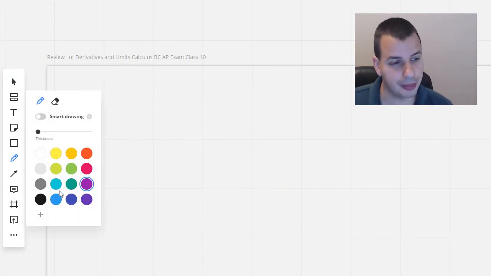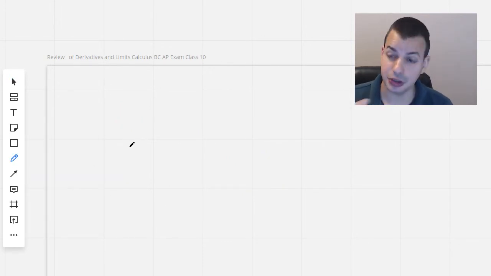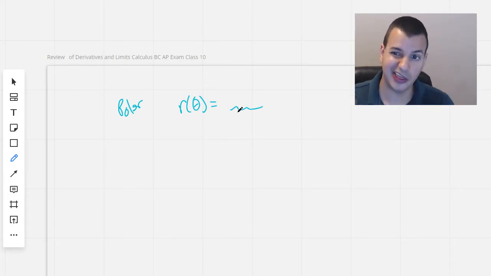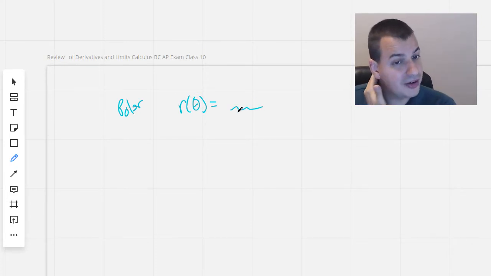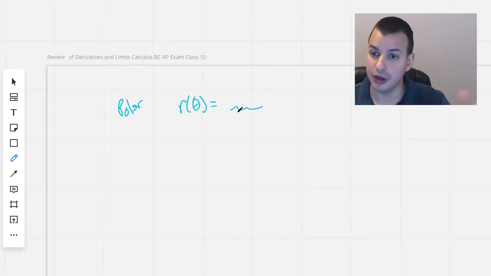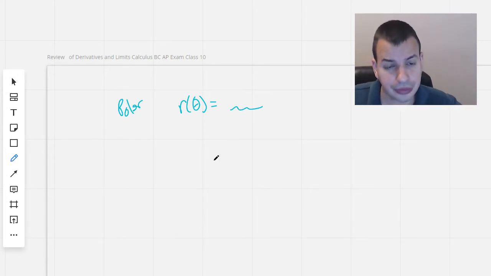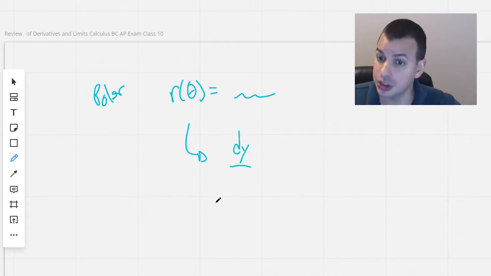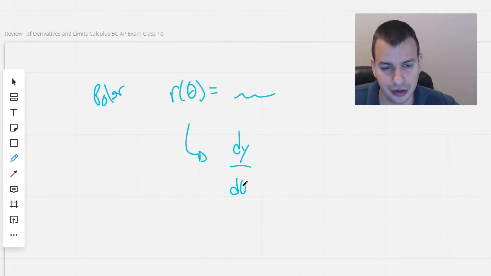We also spoke about the parametric and polar equations. So when you have polar equations, you'll get something like r of theta equals some sort of function of theta. You might be asked to find the slope at some given point of this curve. And the way that I recommend thinking about it is, instead of memorizing the formula, which does exist, think of it as dy d theta.